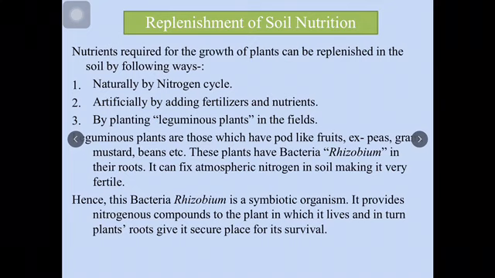A bacteria called rhizobium is living in a symbiotic association with the roots of the leguminous plant. Roots of the leguminous plant are providing this bacteria a place to live, and rhizobium in turn is providing its nitrogenous compound. So this bacteria rhizobium is a symbiotic organism. It provides nitrogenous compound to the plant in which it lives, and in turn roots give it a secure place for its survival.